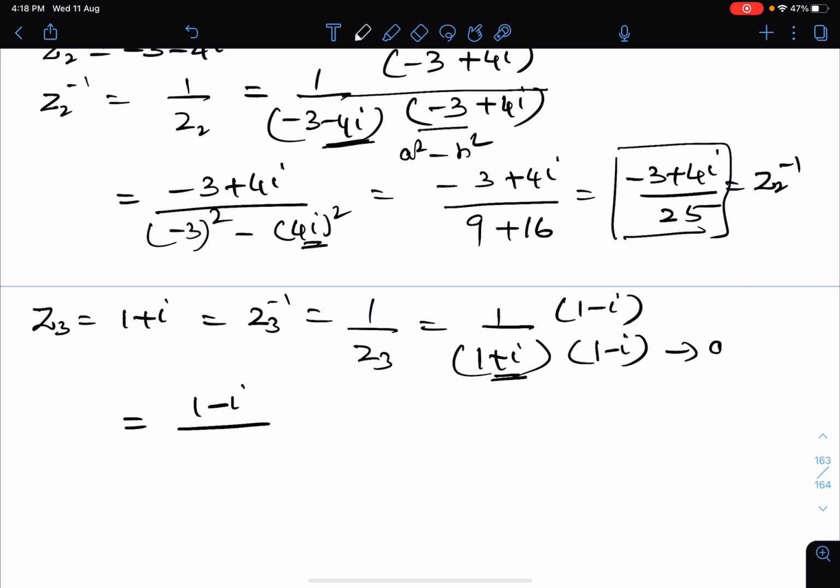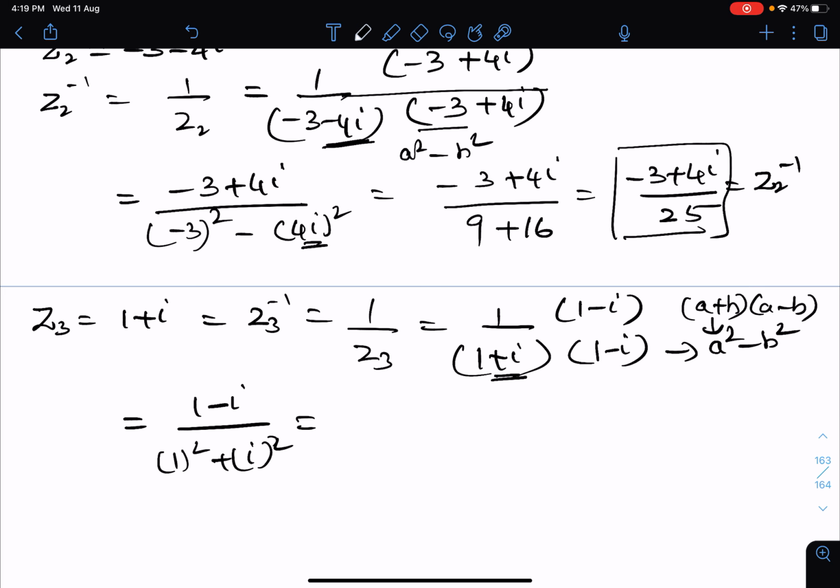Similarly here again a square minus b square, because this is of the form a plus b, a minus b. Always remember this formula. So here it is going to be 1 square plus i square. No number is along with it, so you write only i square. So it is going to be 1 minus i by 1 square is again 1 and i square is minus 1.